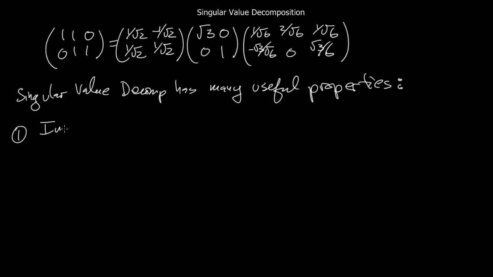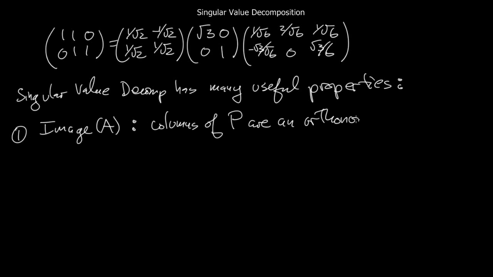The first one is that the image of A can be easily read off from the singular value decomposition. As a matter of fact, the columns of P are an orthonormal basis of the image of A. Kind of neat.